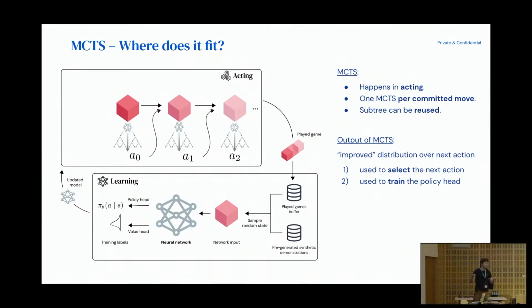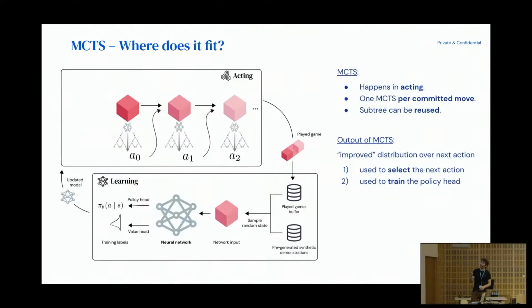And doing this, MCTS actually gives you 2 outputs. As I mentioned, the main idea is that it gives you a better distribution over the next action compared to the prior policy from the network. This is used, one, to actually select which action to commit in the environment, as I keep mentioning, but also it gives you the training labels for the policy head. So those are the 2 outputs you get out of MCTS.